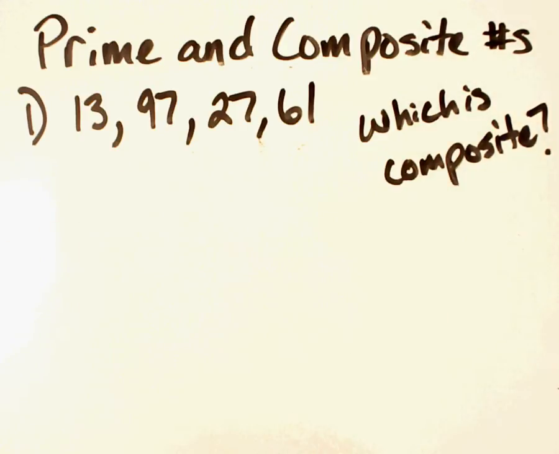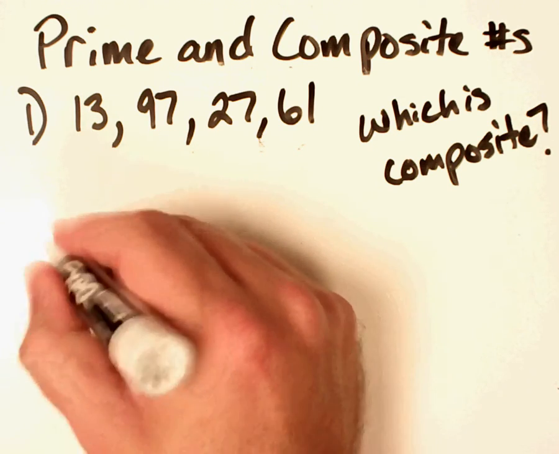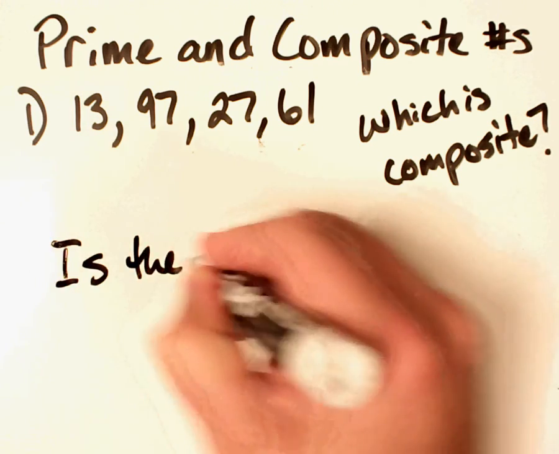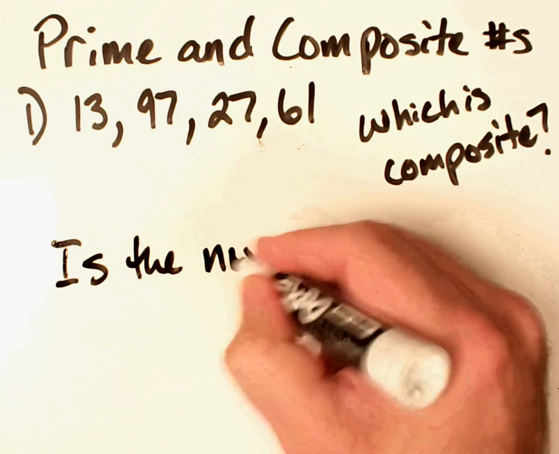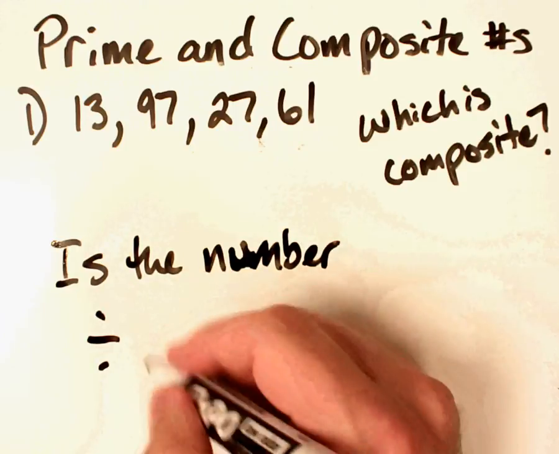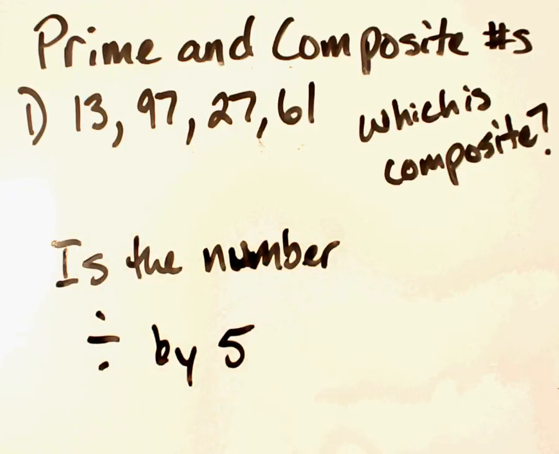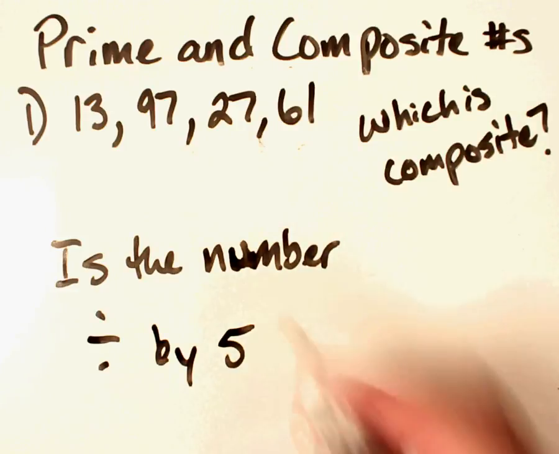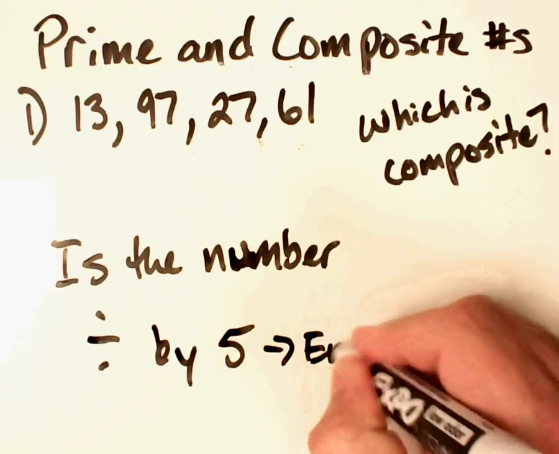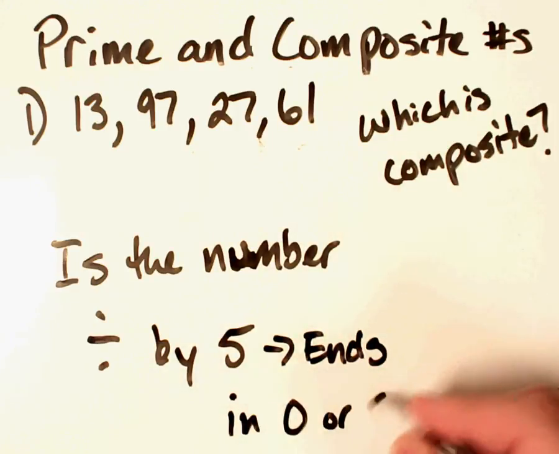All right. So one other thing we can look at is, is it divisible, or can I divide it by 5? And the way I know I can divide a number by 5 is if it ends in 0 or 5.